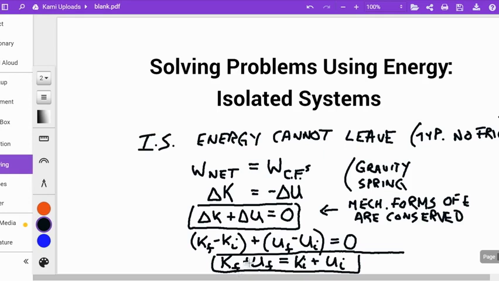This is just a different way of saying that mechanical forms of energy are conserved. Both of these formulas are really the same thing, but they basically just include kinetic energy and potential energy. Later we'll learn about non-isolated systems or open systems that involve thermal energy and other things. But for now, this is a good starting point. All right, so make a note, put a box around that equation and around that one.